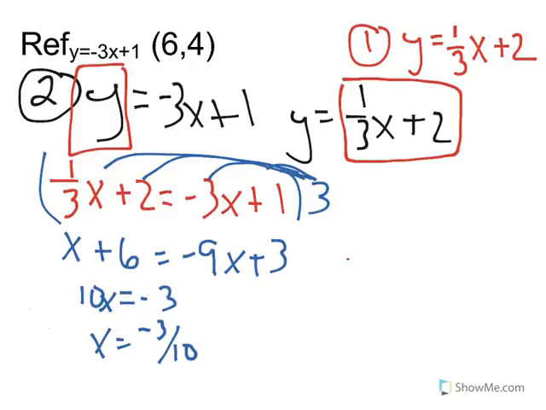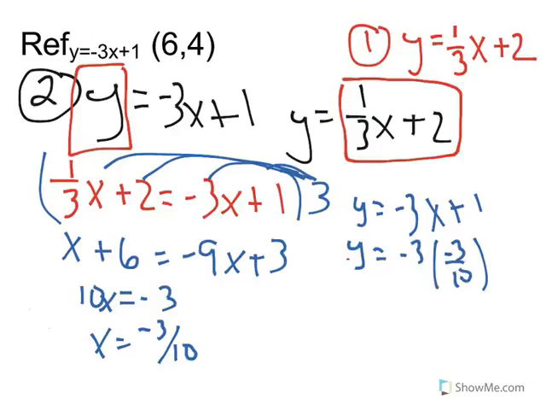And then to find y, I'll plug x back in. You can use either equation. So if I use y equals negative 3x plus 1, then I can plug in my x value. So y equals negative 3 times negative 3 over 10 plus 1.